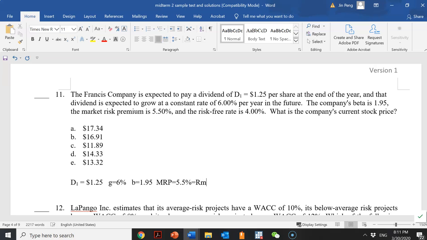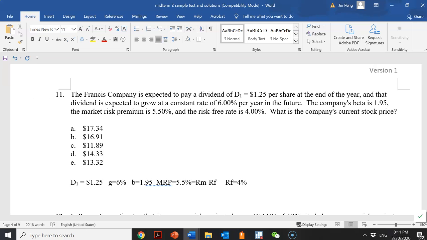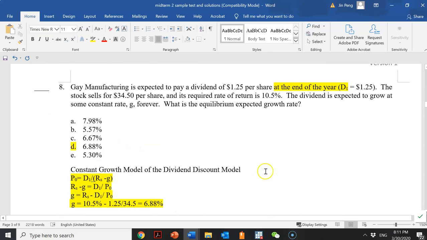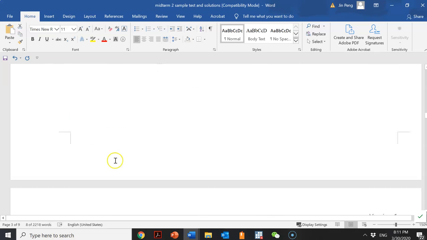It should be RM minus RF, right? And our risk-free rate RF equals 4%. So if we want to look for the stock price, we could probably use the constant growth model version of the dividend discount model.